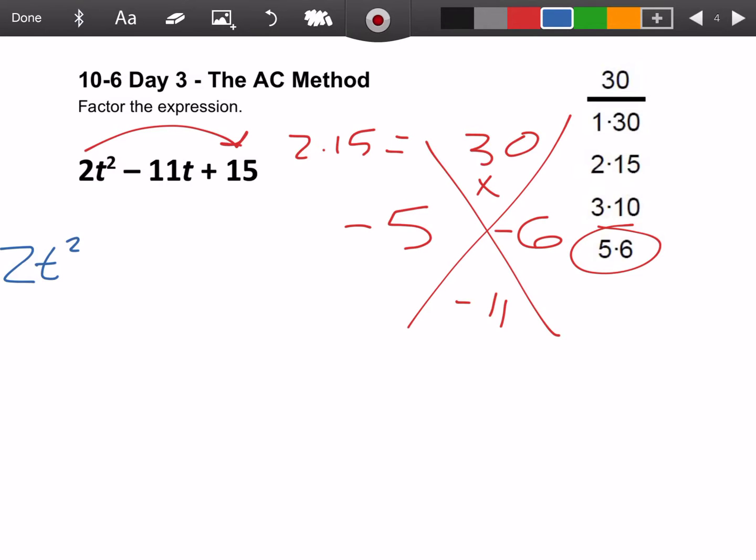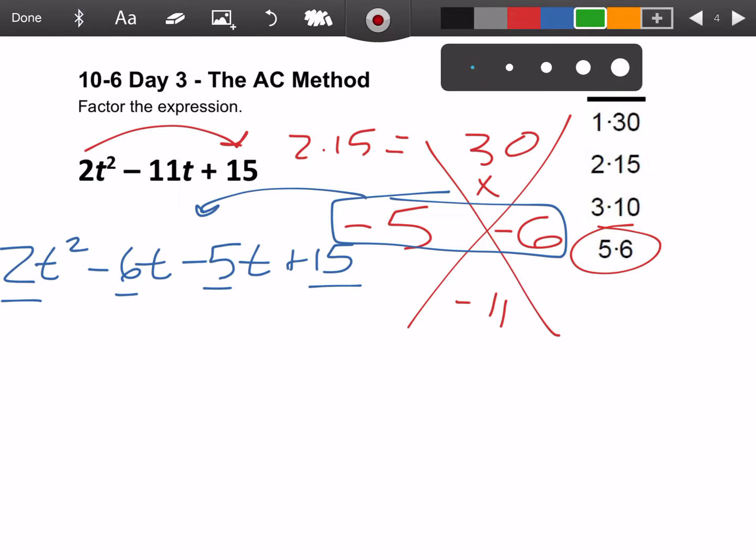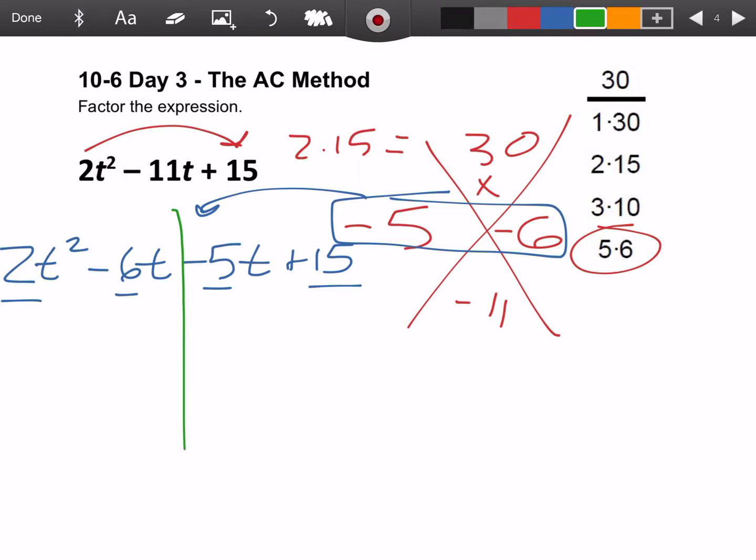So here I'm going to go 2t squared, and then I'm going to do a minus 6t minus 5t plus 15. So once again, I change the order of those two because the 5 and the 15 match up, and the 2 and the 6 match up with common factors, and it's just easier to do it that way. Split them up. I'm going to factor out a 2t, and then I'm left with t minus 3.